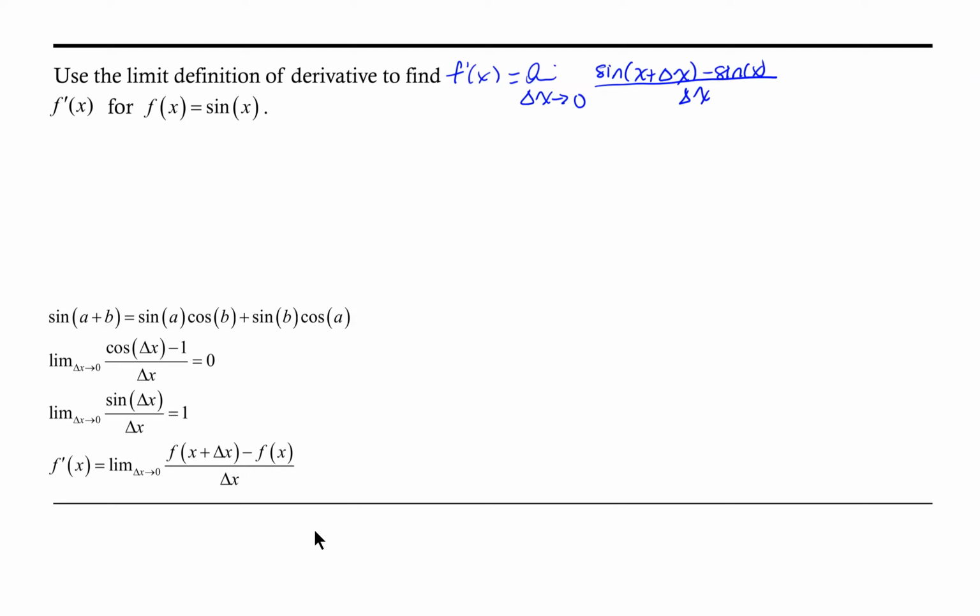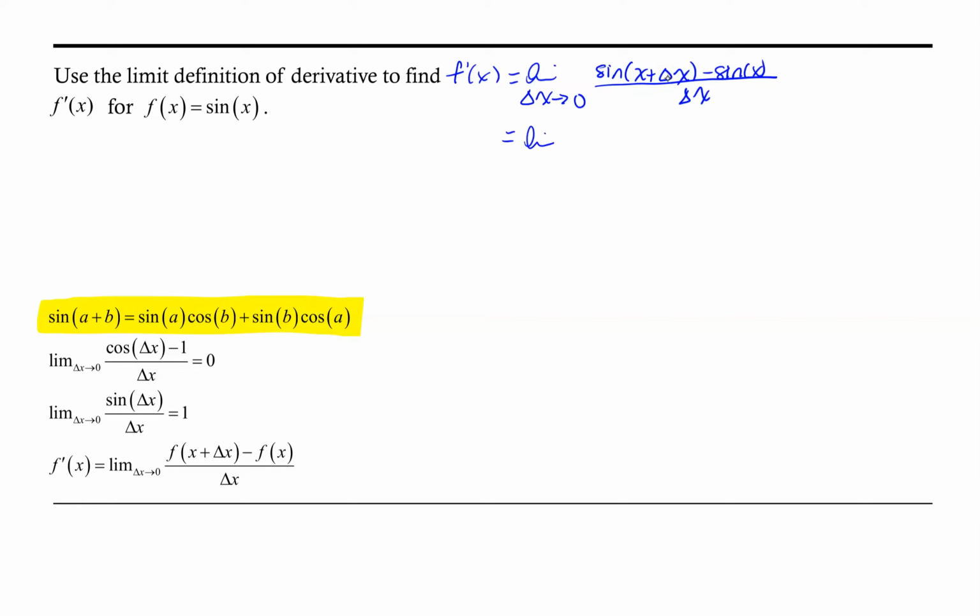At this point, we need to apply the sine property. We've got the sine of a sum in our numerator, and so we need to expand that. So that's what we'll do next, apply that property.